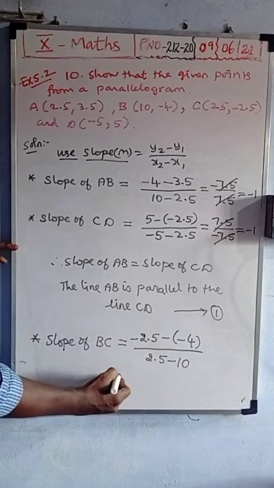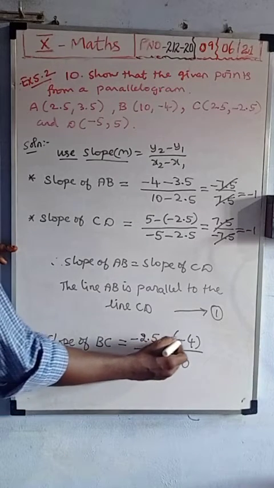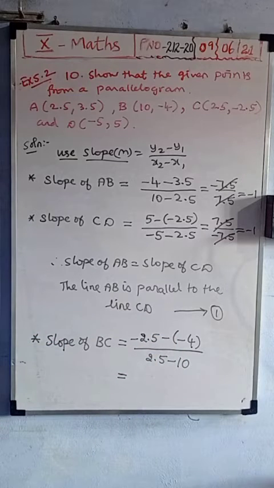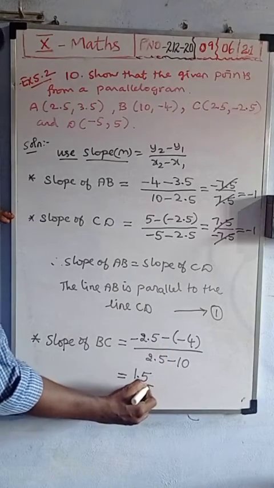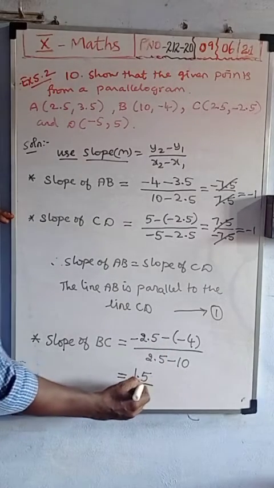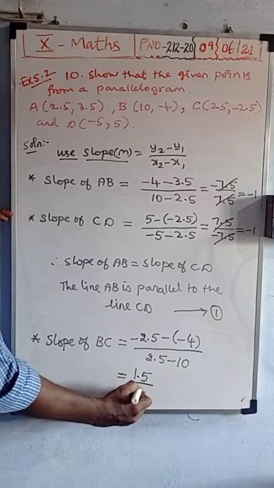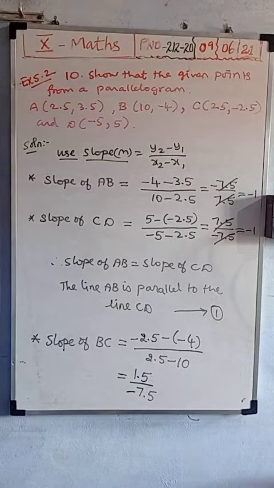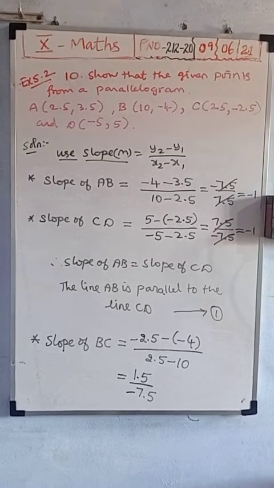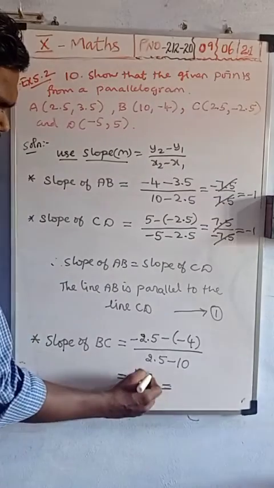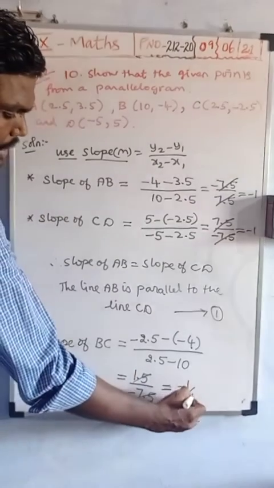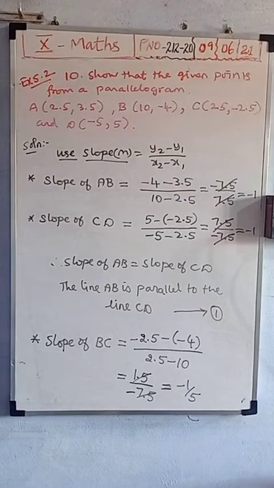In the numerator, minus and minus make plus 4, minus 2.5 leaves 1.5. In the denominator, minus 2.5 minus 10 is minus 12.5... giving 1.5 divided by minus 7.5. Both are decimal numbers, so multiply by 10 and cancel, and we get minus 1 by 5. The slope of BC is minus 1 by 5.